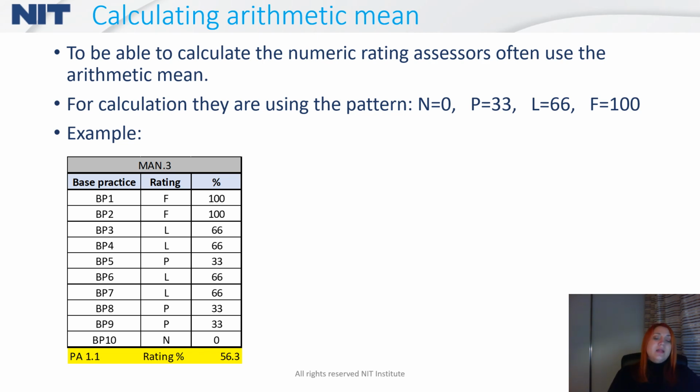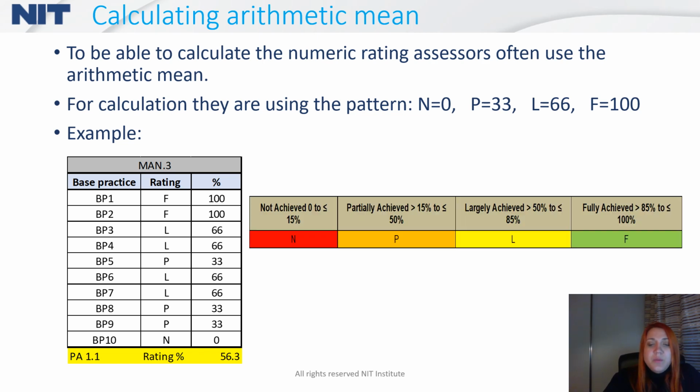When you then calculate the arithmetic mean of those numbers, by just summing them and dividing by the number of BPs that you have, you will have the rating for the whole process month 3. It is 56.3. When you check the score of 56.3, it means that this process reached largely.